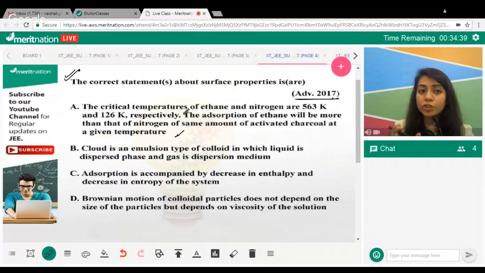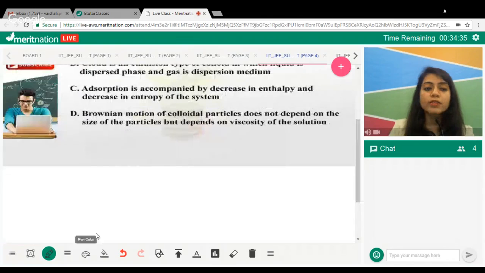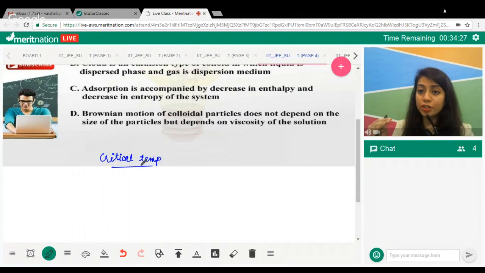How does adsorption depend on the critical temperature? For that, you need to know what critical temperature is first. Critical temperature is the minimum temperature above which the gas cannot be liquefied. Okay, so the higher the value of critical temperature, the more easily liquefiable the gas is.